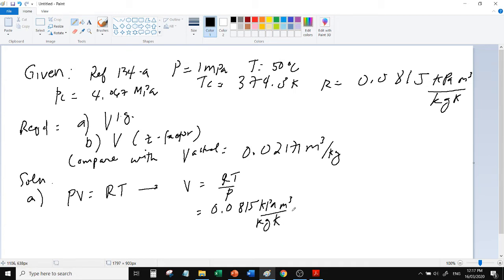Okay. 0.0815, kilopascal pala siya. And then, temperature na 50 degrees plus 273.15 Kelvin. So, sa ilalim, yung pressure, okay, pressure na 1 megapascal and that is equal to ilan? 1,000 kilopascals.